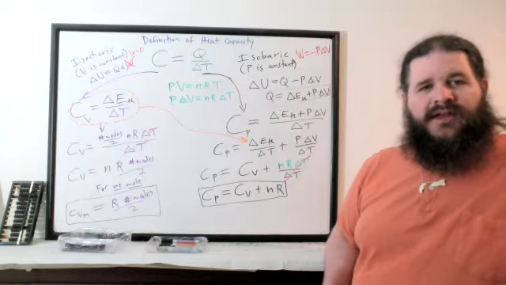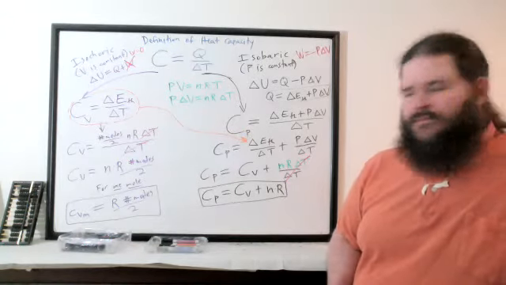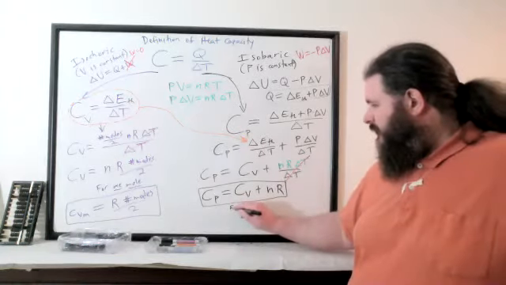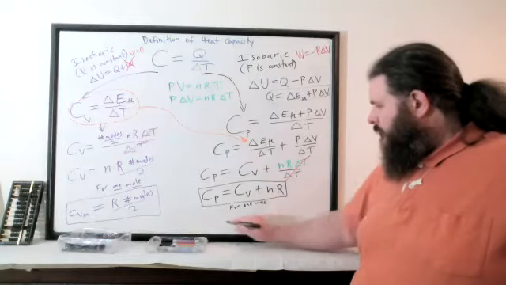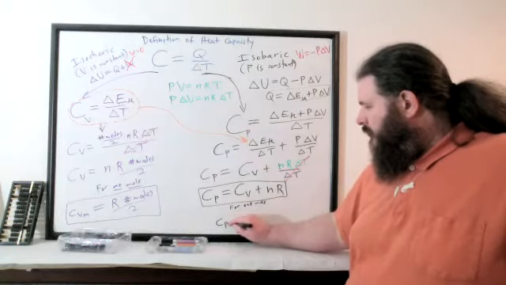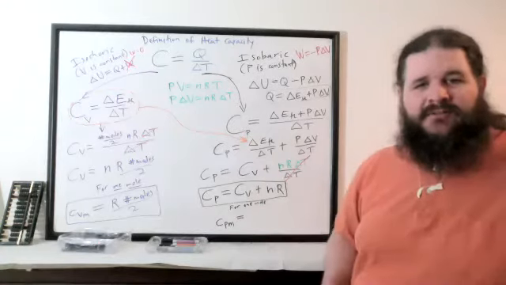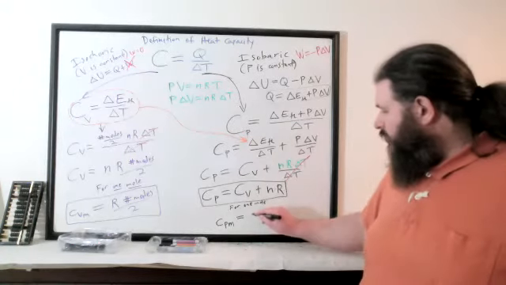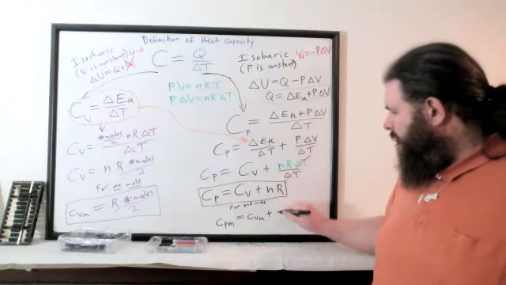Or what's a good standardized number of moles to use? So if we look at standardizing this for 1 mole, the molar constant pressure heat capacity, or molar specific heat at constant pressure, is the molar specific heat at constant volume plus 1R.